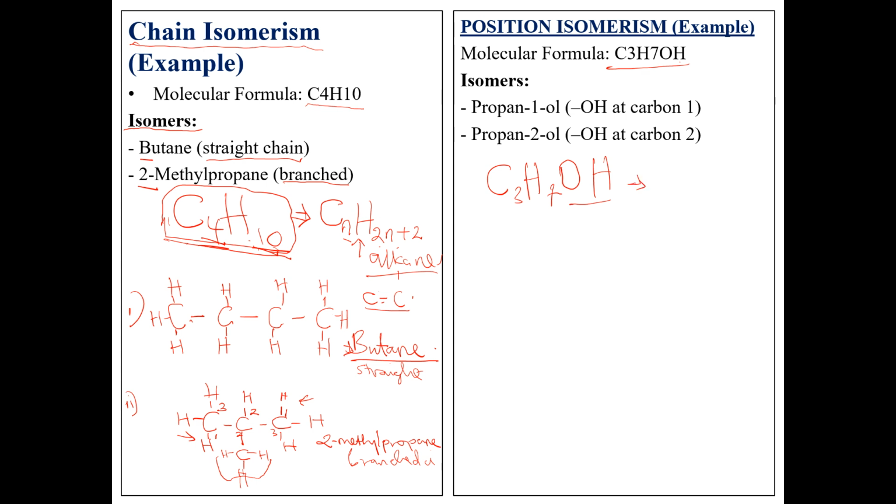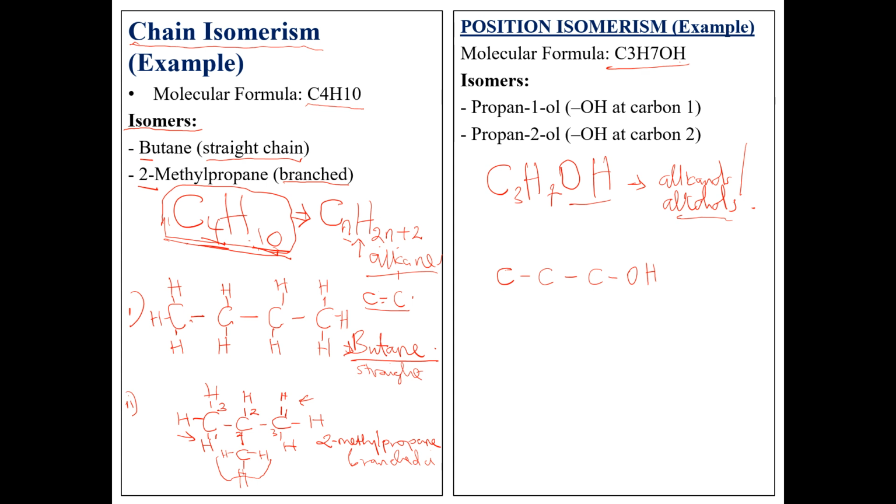We run very fast to the alcohols. Since all alcohols have OH as one of their functional groups, and we have 3 carbon atoms, we can distribute 3 carbon atoms, and then include our functional group. That is the first one.